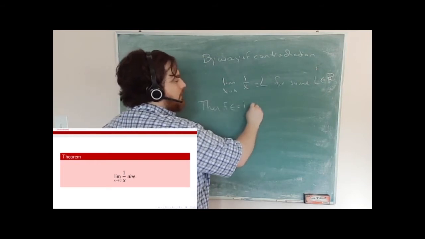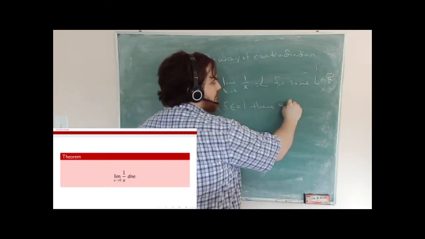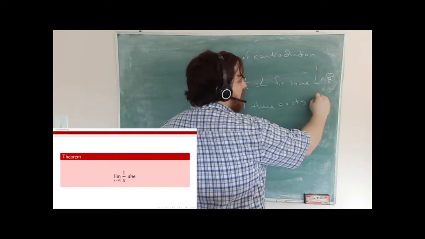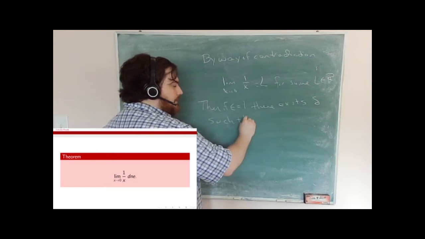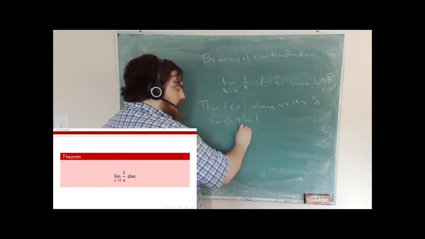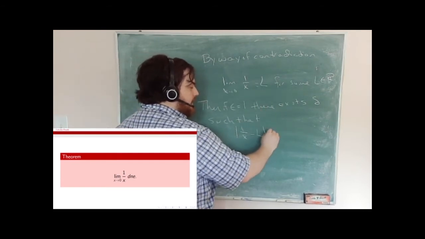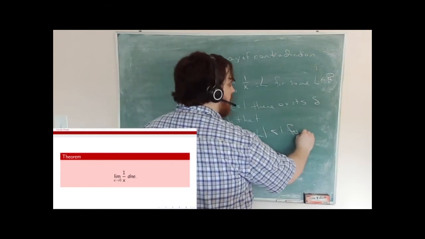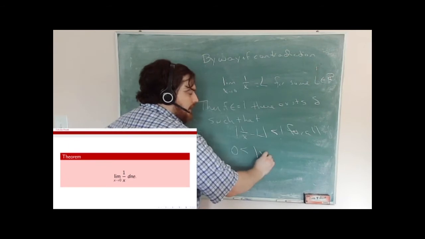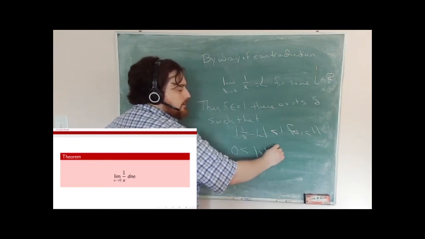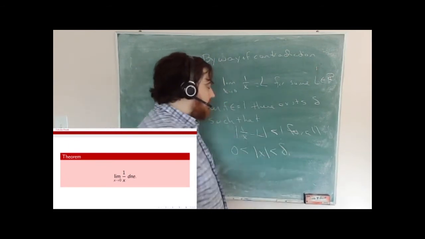If epsilon equals 1, there exists a delta such that the absolute value of 1 over x minus L is less than 1 for all x satisfying 0 is less than the absolute value of x minus c, so just the absolute value of x, is less than delta.